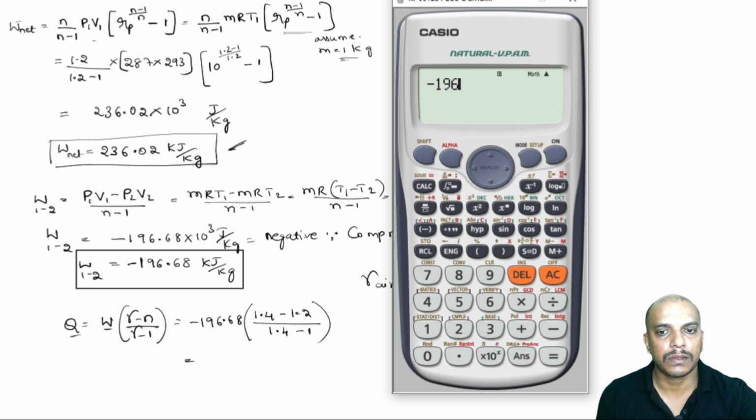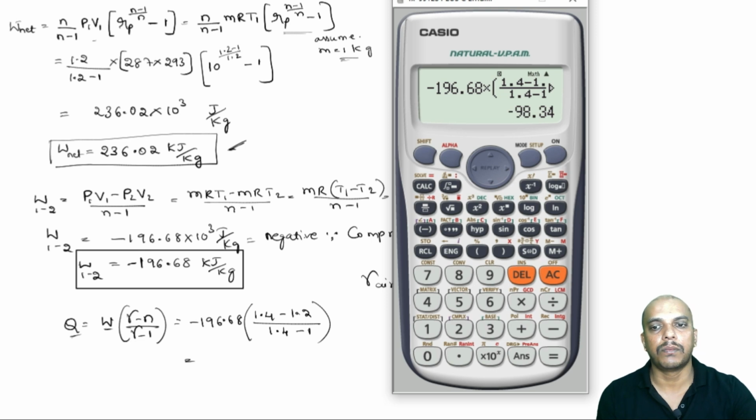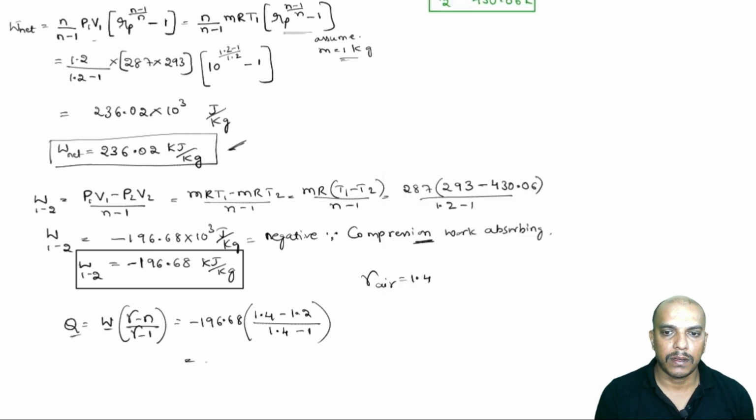So that will be minus 196.68 into 1.4 minus 1.2 divided by 1.4 minus 1. That is minus 98.34 kilojoule per kg.